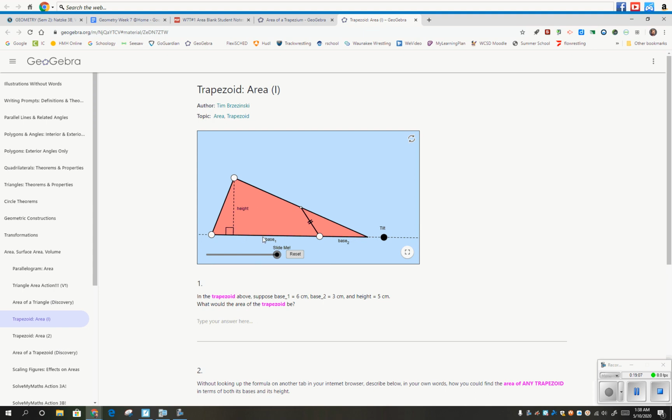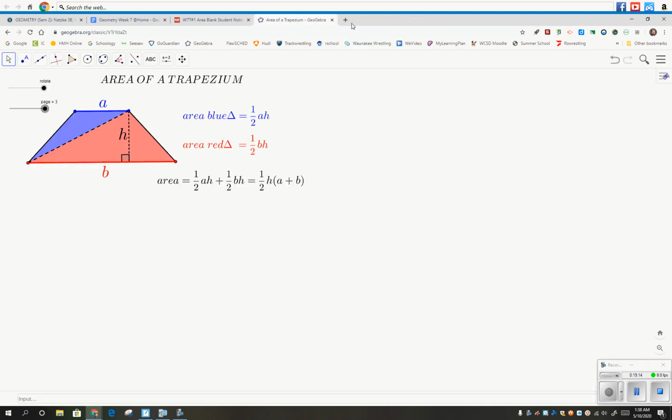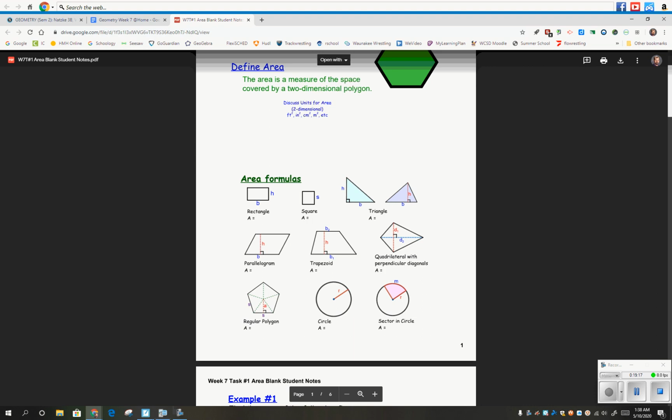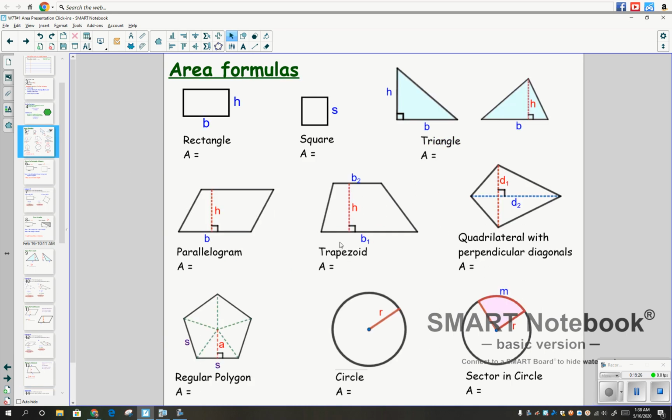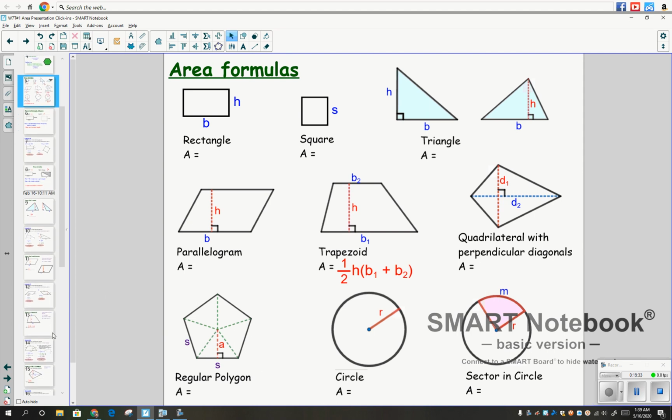H is the height. Well, the base is the two bases of the trapezoid added together. So 1/2 times the height h times the quantity b1 plus b2, where b1 and b2 are the two bases. We can go back to our first page and add that formula onto our formula sheet.